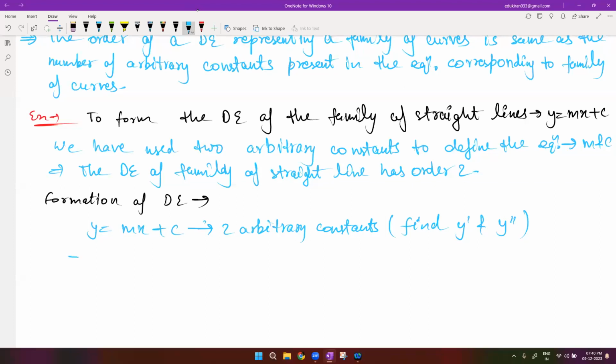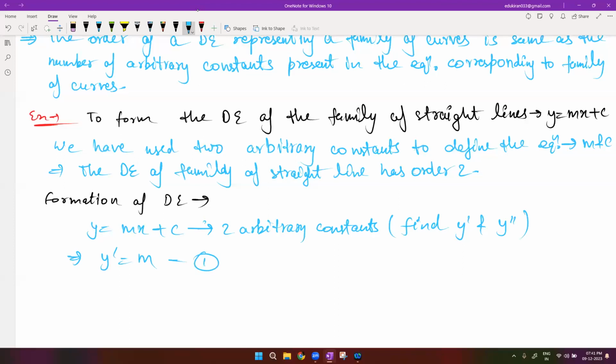So y dash is m, because y dash is dy by dx. If I differentiate the left hand side with respect to x, this will be dy by dx, which is y dash. The right hand side will be m plus c, and c is a constant, so its derivative will be 0. So this is my first equation.